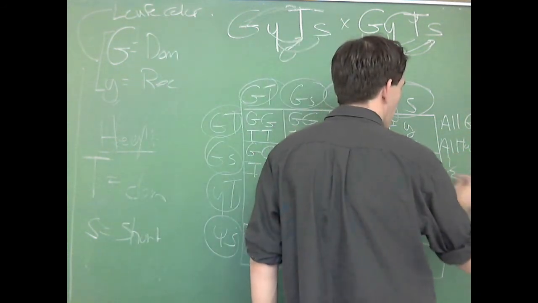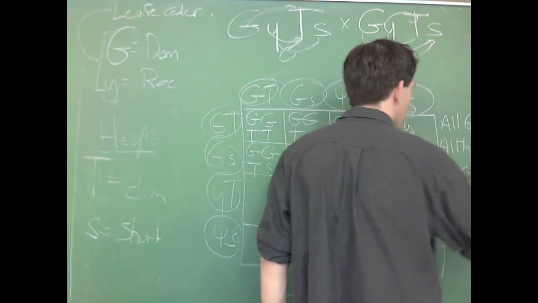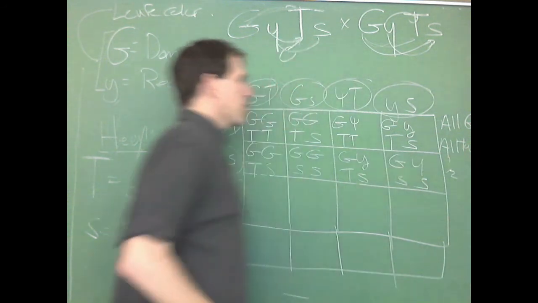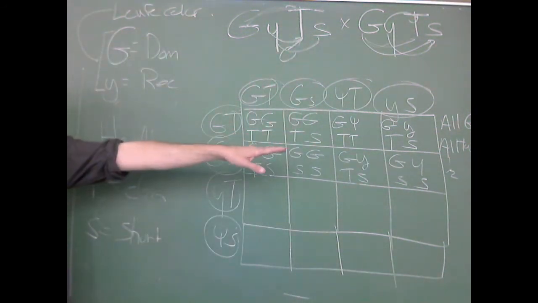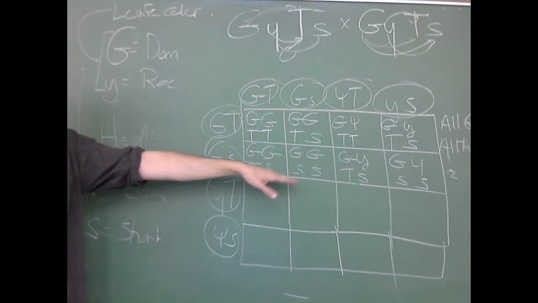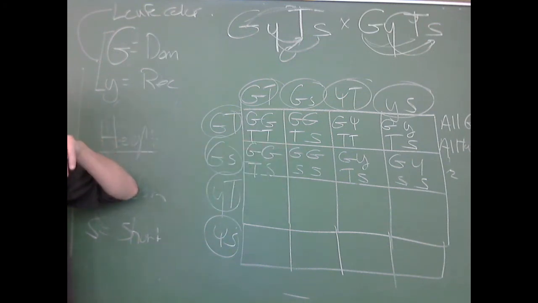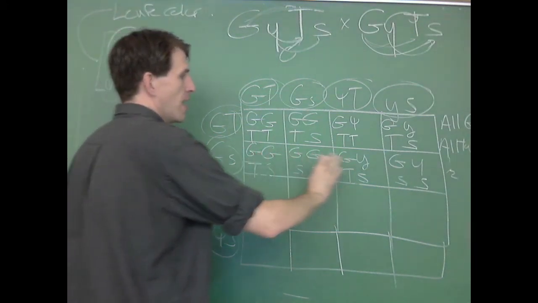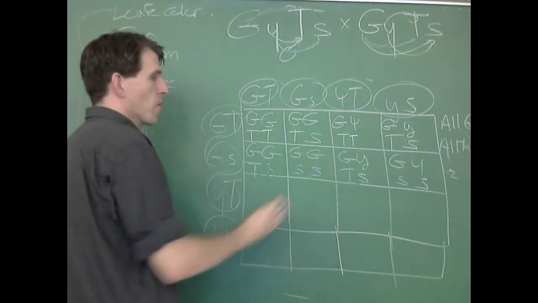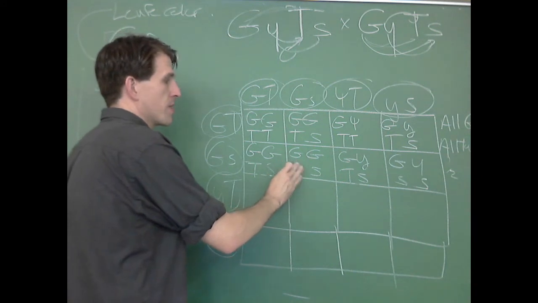So half are going to be green. Well, we won't put it here, we can't fit it all in here, but the point is half will be green and tall, and half will be green and short.